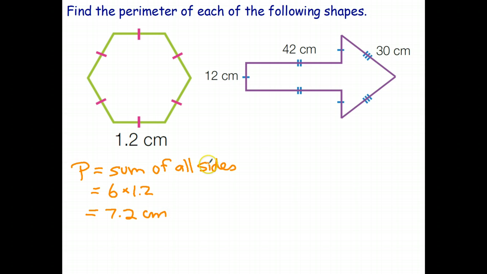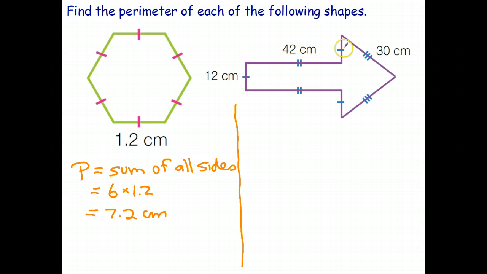So formula, substitute, answer. For a lot of questions in measurement, you will need your calculator, so there's nothing wrong with using a calculator when needed. I'll give you a hint on this one. What you have here is one side that's 12 centimeters, but you have those two sides the same. Oh, I take it back.